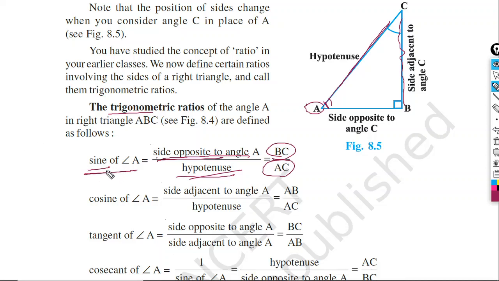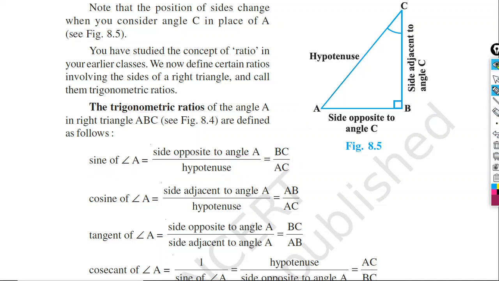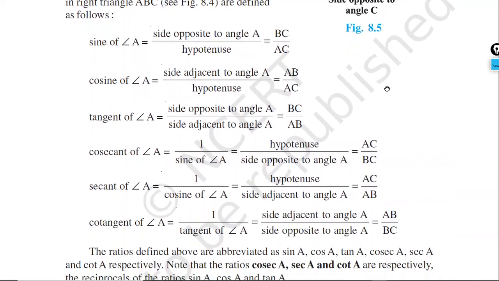Sine of angle A, we in short call it sin, sine A. So sine A is the same as sine of angle A. So it is BC by AC.